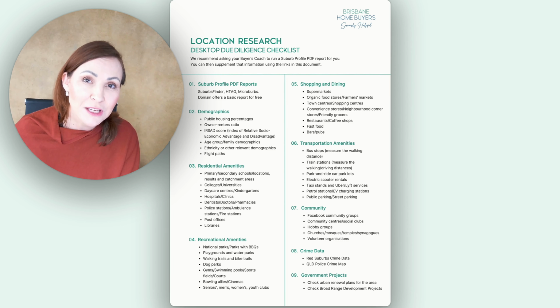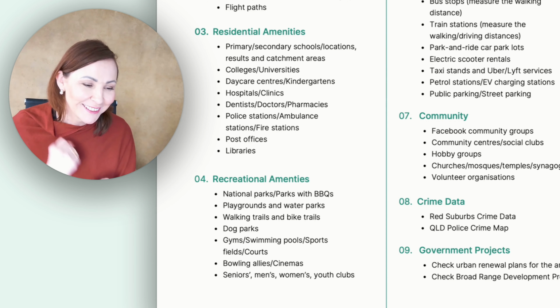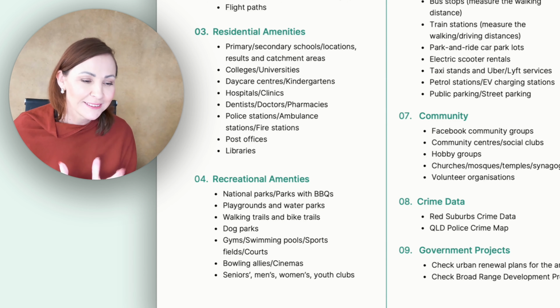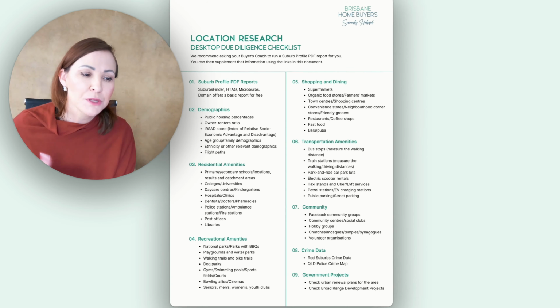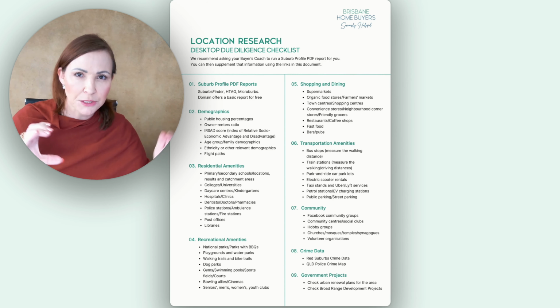We can find all of these on maps. Gyms, swimming pools, sports fields, courts, whatever your fun thing to do is with being physical. Bowling alleys, cinemas, and seniors groups or men's groups, women's groups, youth clubs. So that's recreational amenities as opposed to the residential amenities.